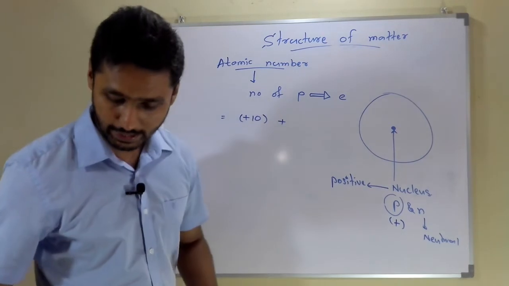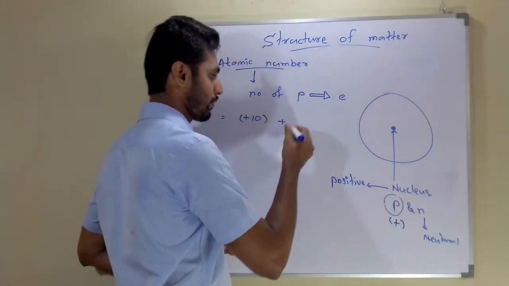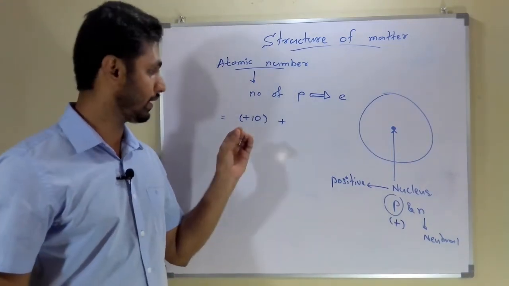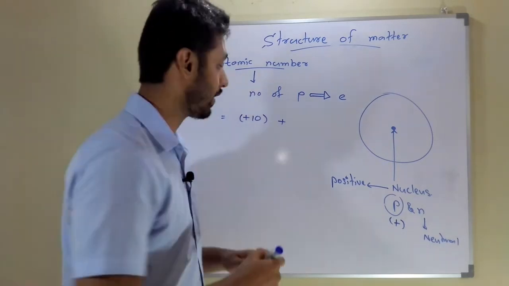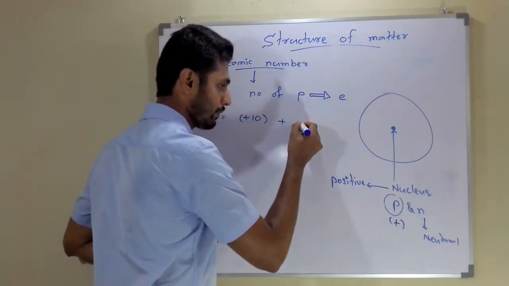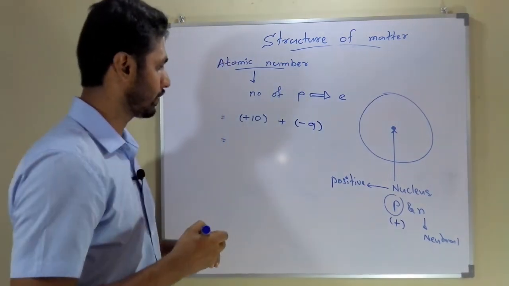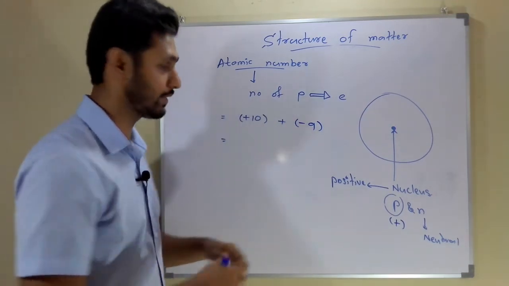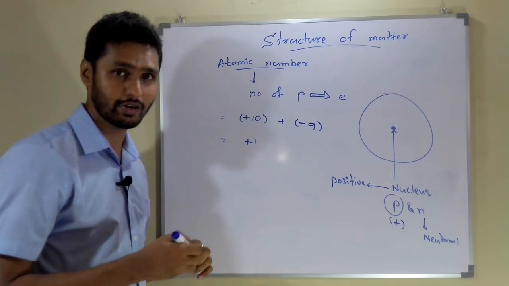Think this atom has removed an electron. It had 10 electrons, but now it has 9 electrons. So the charge is minus 9. You can see plus 10 plus minus 9 means plus 1. So this is not neutral now.